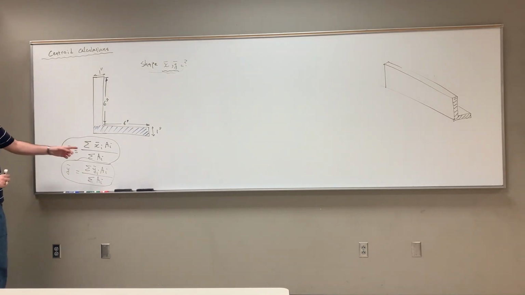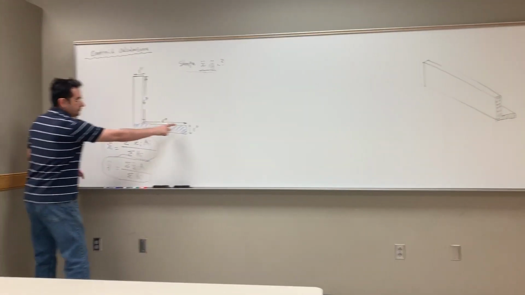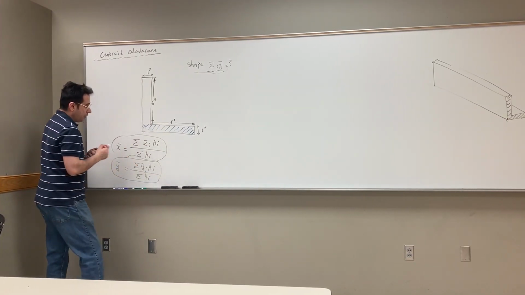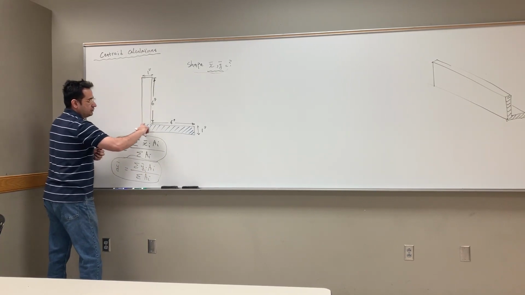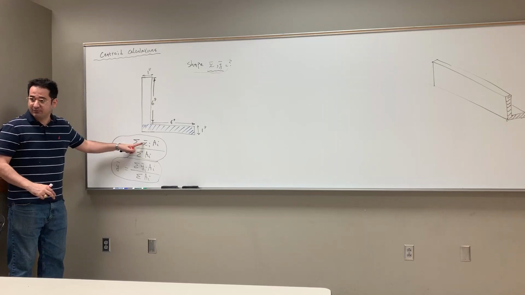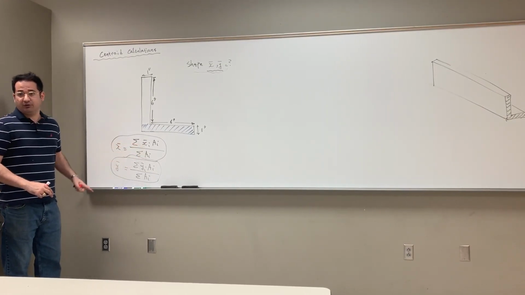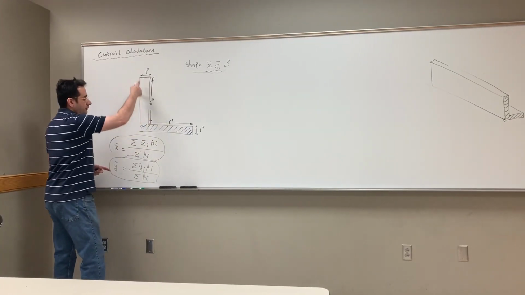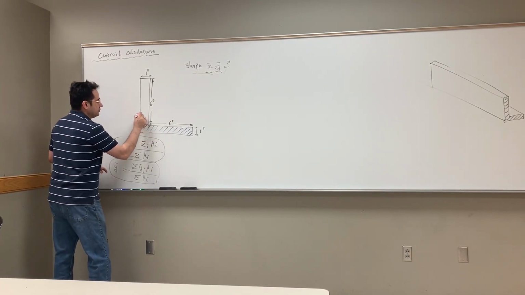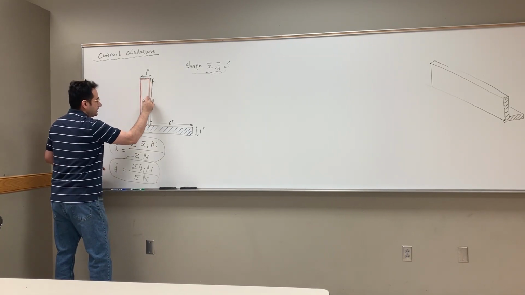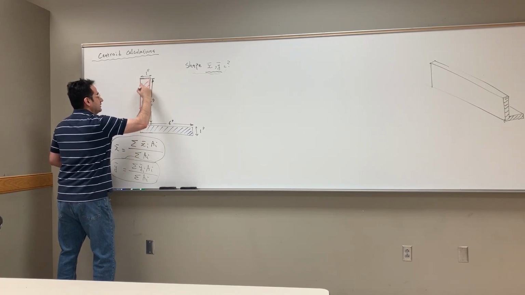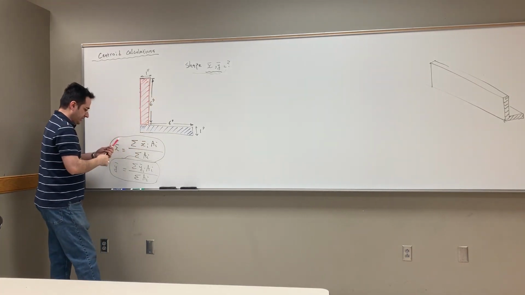Now, in order to compute x bar and y bar for the composite shape, the first step is to decompose this shape into simpler shapes that I have the formula for, A and x bar. I don't have the formula for x bar of the L shape, but I know I can decompose it into two rectangles, one here and one here.